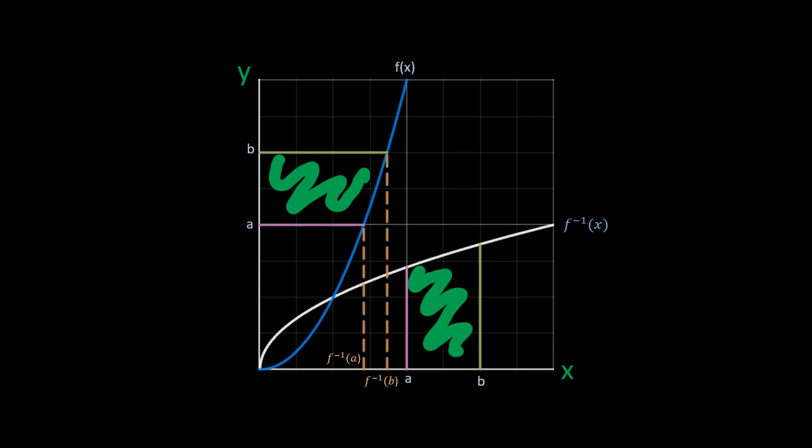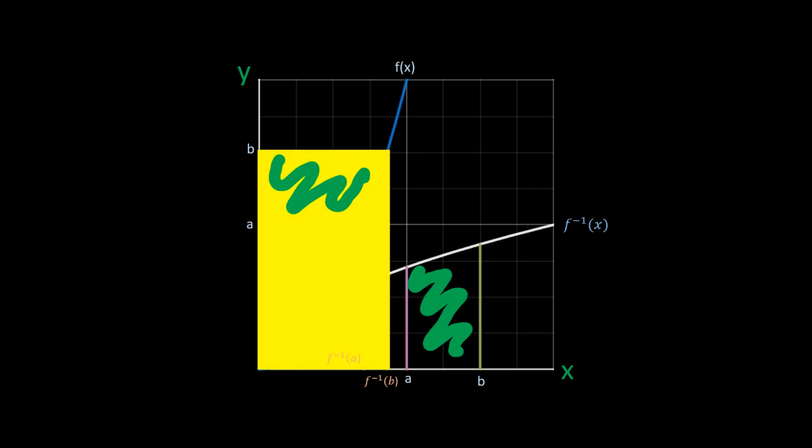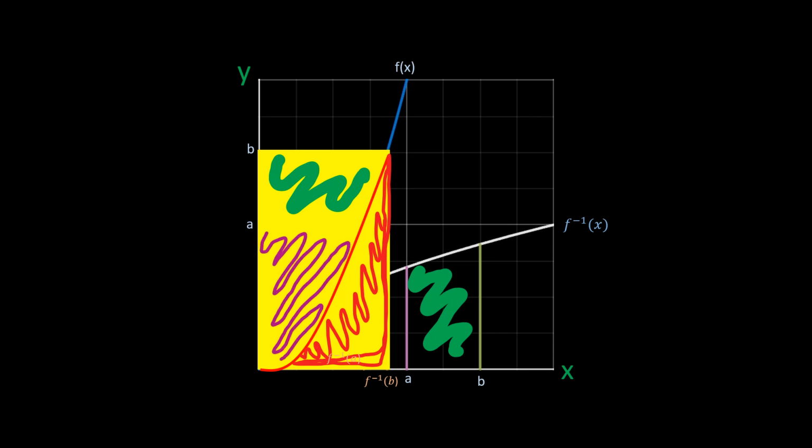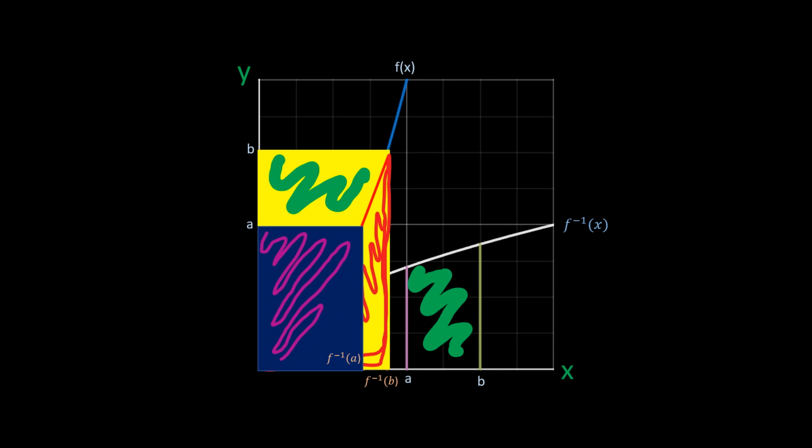And so the green area between the graph of the function and the y-axis is actually equal to the area of the yellow rectangle, subtracting from it the red area under the curve, and also subtracting from it the purple area, which is itself the area of the blue rectangle, subtracting from it the dark green area under the curve.